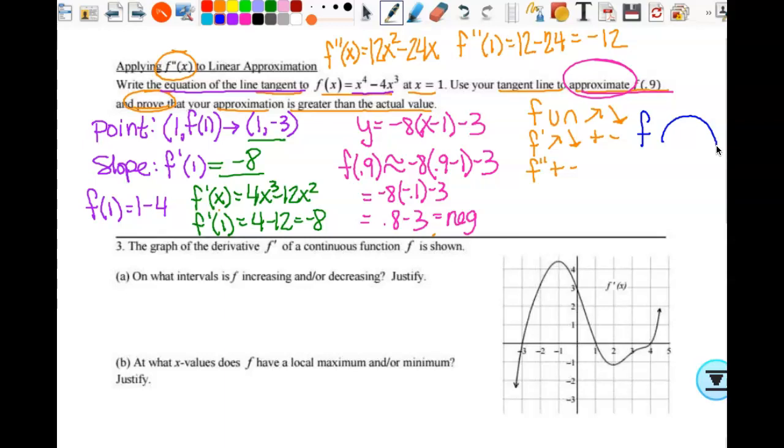Not only is it concave down, but my f prime number was negative, so it is concave down and decreasing, which means I know it's kind of on this side of it, all right? This is the equation of the line tangent at 1. Do I know exactly where 1 is? No, let's just say it's right there, okay? Right there at 1.